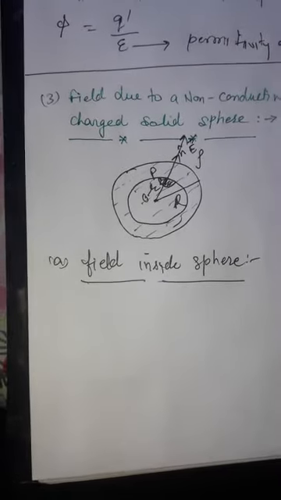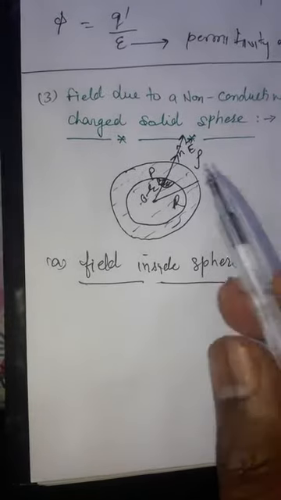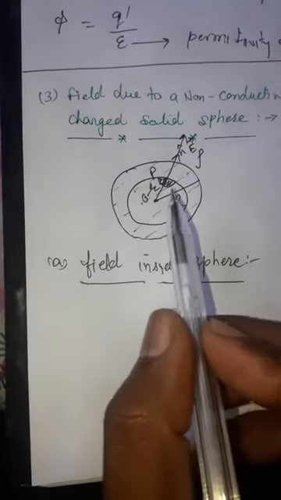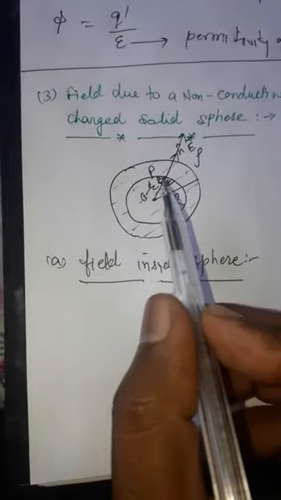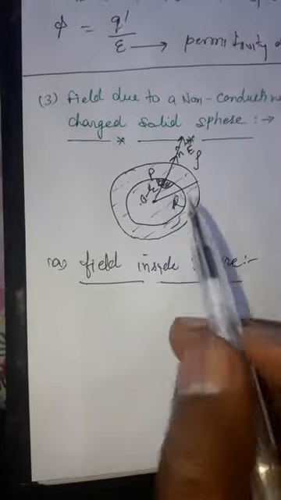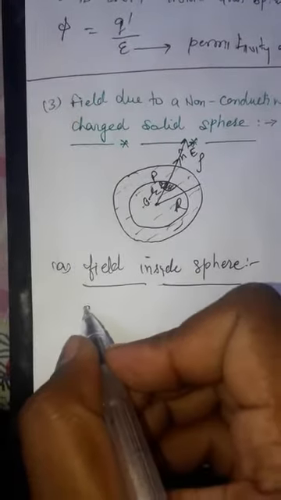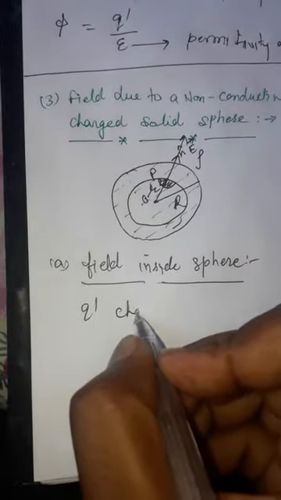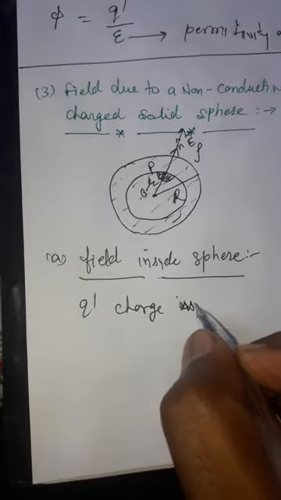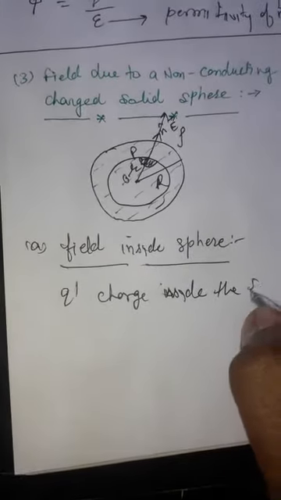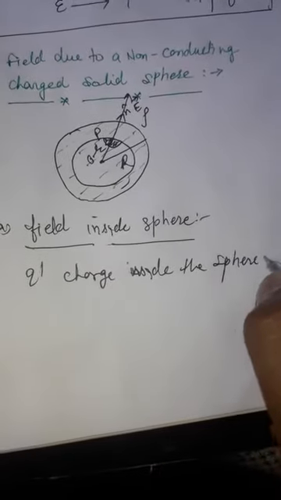Let the charge inside this Gaussian surface, the sphere S, be q dash.